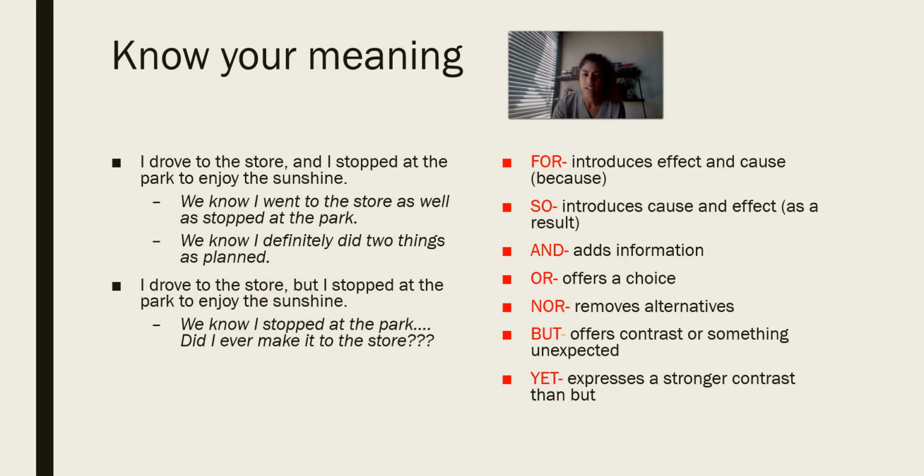That's the difference between adding information and adding a contrast. And if I said I drove to the store, so I stopped at the park, that would imply that driving to the store was the cause: because I went to the store, I stopped at the park.